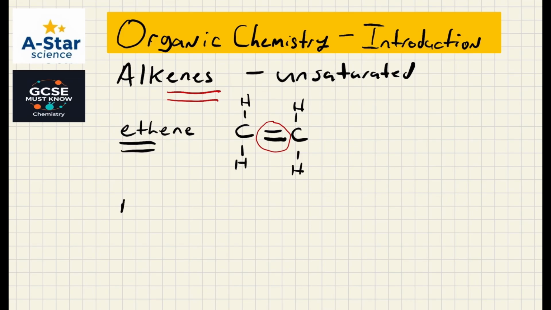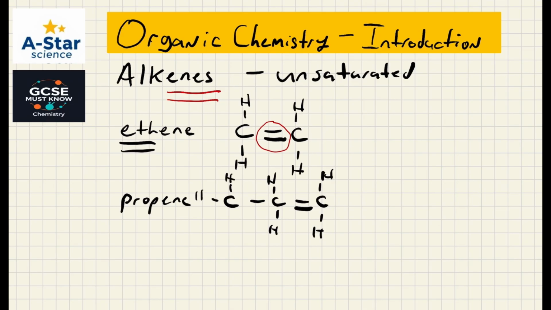We can then do propene, which is 3 carbons with a double bond. And we put the rest as hydrogens. And finally, we can do butene, which is 4 carbons and a double bond.